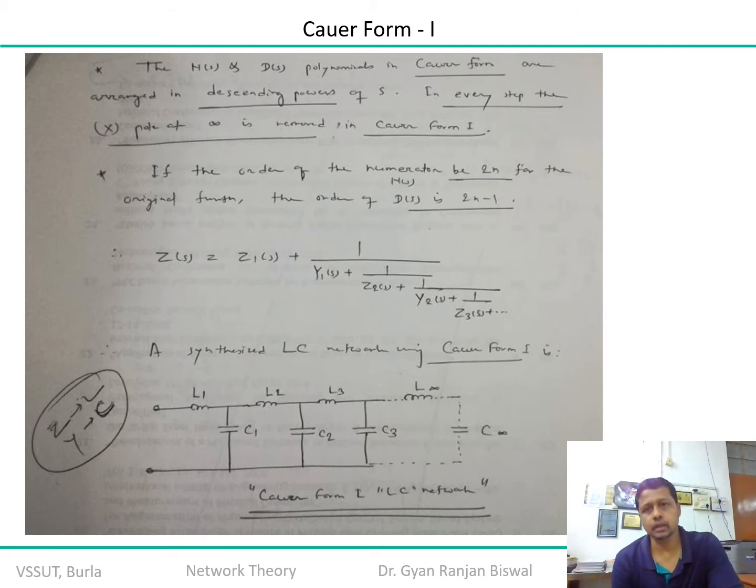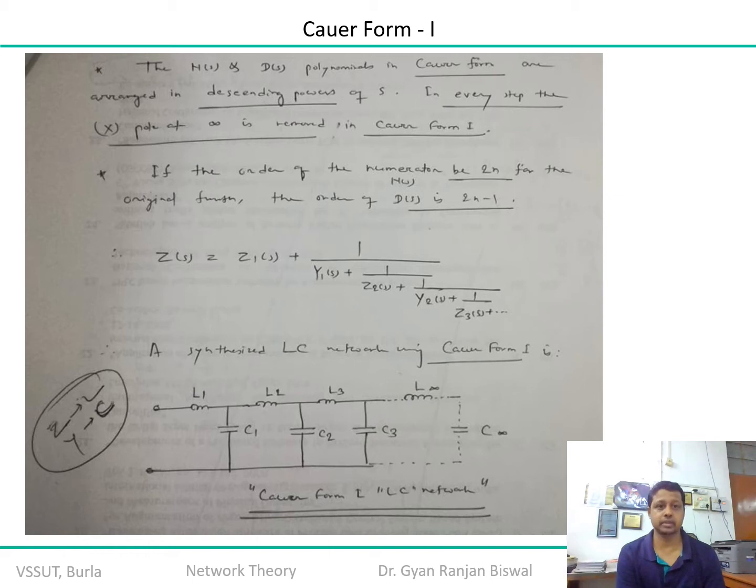Now, it should be noted that if the order of the numerator is 2n for the given function, then the order of the denominator is always 1 less, that is 2n minus 1. And in that case, remember the ladder structure network in case of two-port networks, which we have discussed; that is nothing but the realization of the Cauer form.